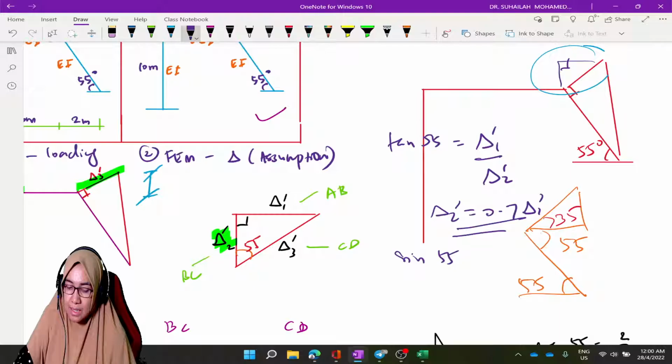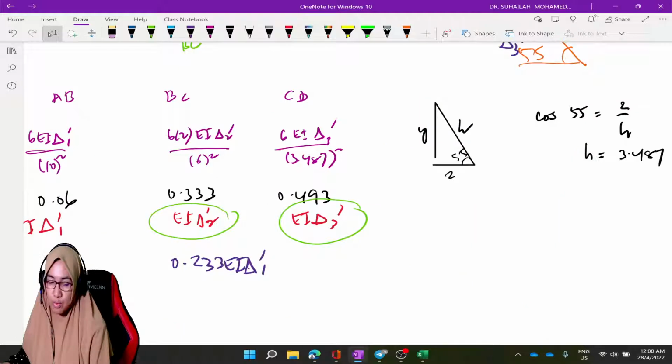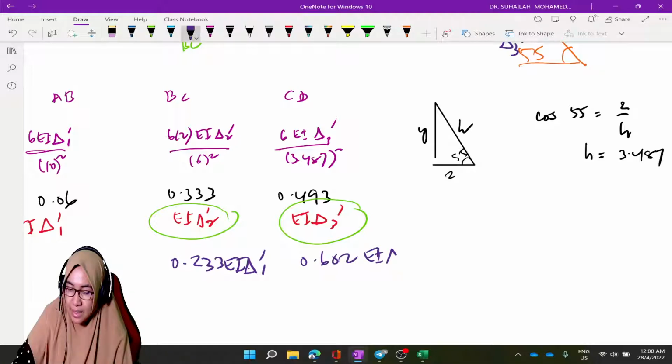So when we use sine, it is 1 divided by sine 55, so it is 1.22. 1.22 times 0.493 gives 0.602. This one will be 0.602 EI delta 1.